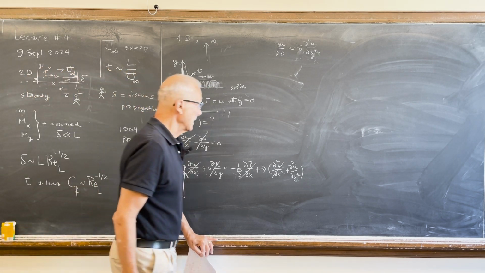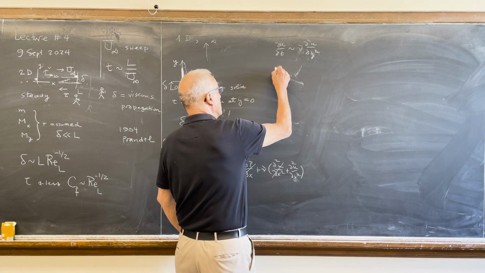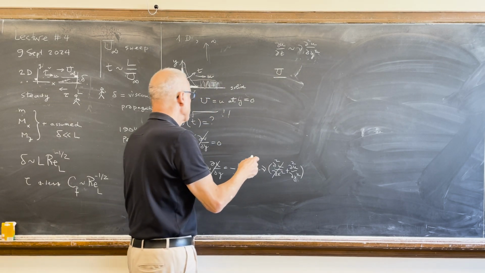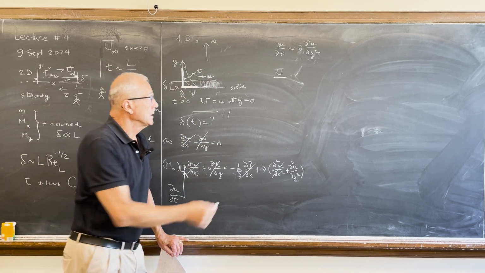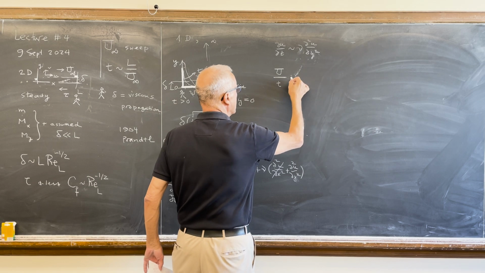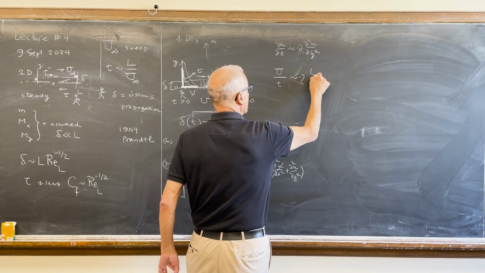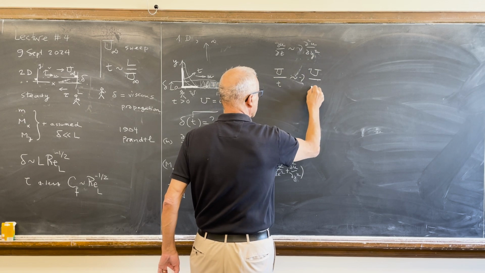And those scales are, meaning changes in u, are of order U, capital U, which is the speed of the wall. Time, that is the object of the game. And then nu, U, and then delta squared.